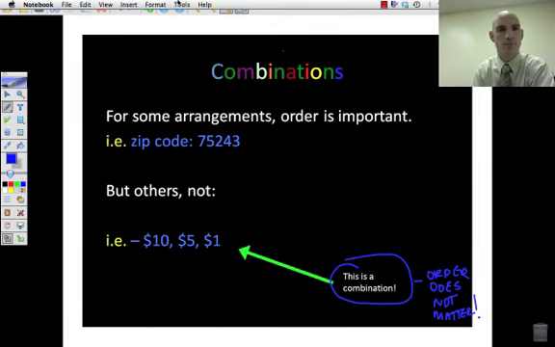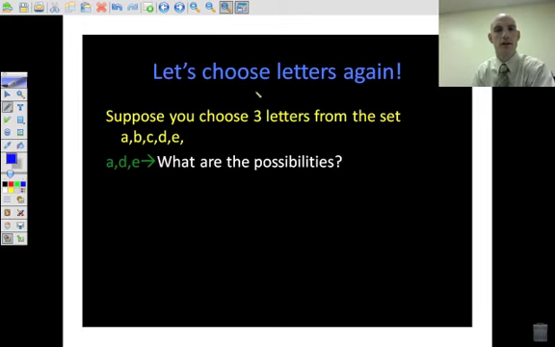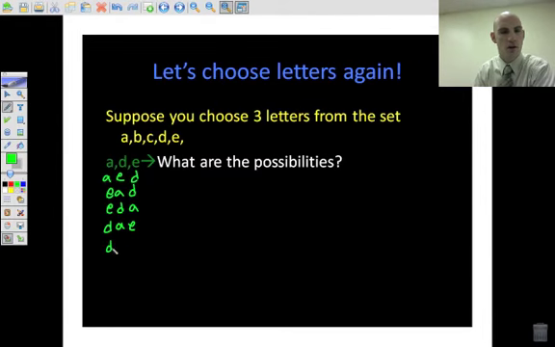Okay? And so when we look at choosing letters, for example, we have 3 letters from the set A, B, C, D, E. If we look at A, D, and E, we could have different possibilities. So we have A, D, E, but we could also have A, E, D. We could have E, A, D, or E, D, A, or we could have D, A, E, or D, E, A. 1, 2, 3, 4, 5, 6 distinct possibilities.